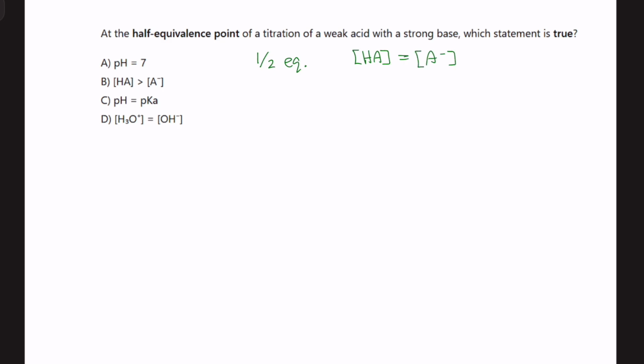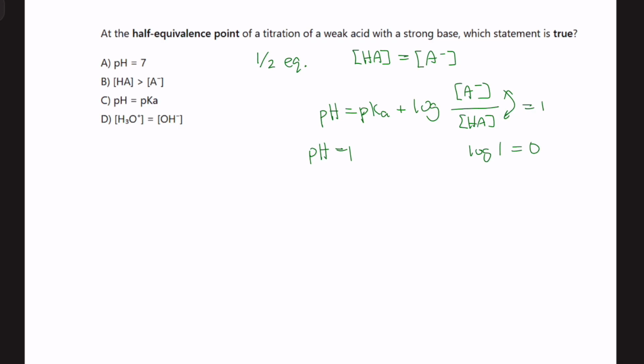And by the Henderson-Hasselbalch equation, pH equals pKa plus log of the base over acid. So if these two are equal, then it's just going to be 1. And we know that log of 1 is 0. So that tells us that the pH equals pKa, which is option C.